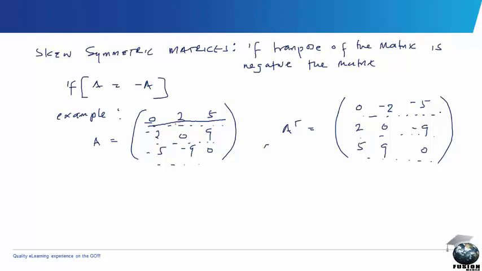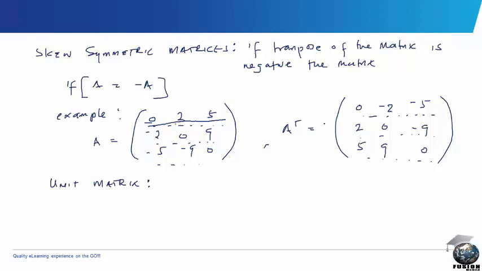We will also define a unit matrix. A unit matrix is defined as a matrix in which the leading elements on the diagonal are 1 and the other elements are 0.